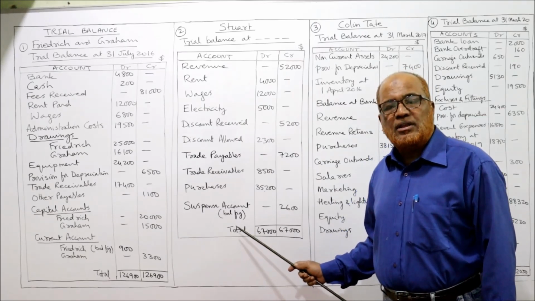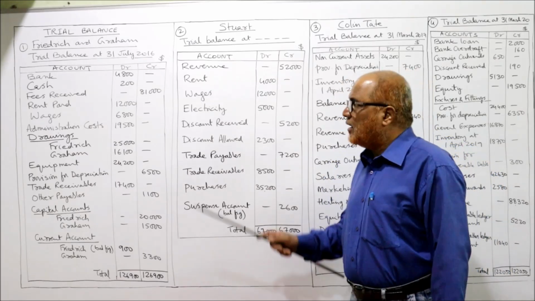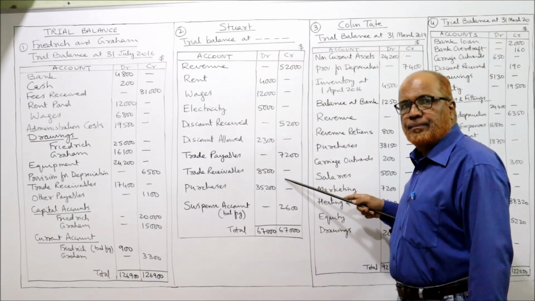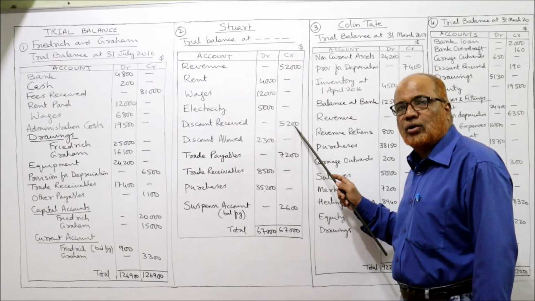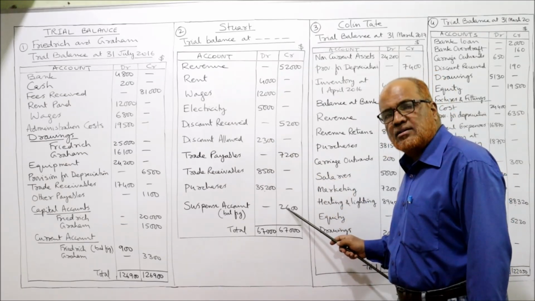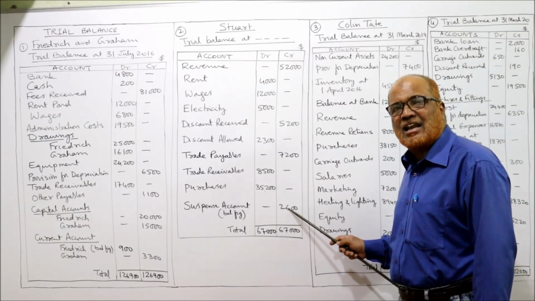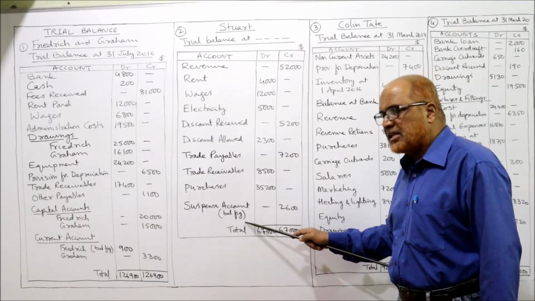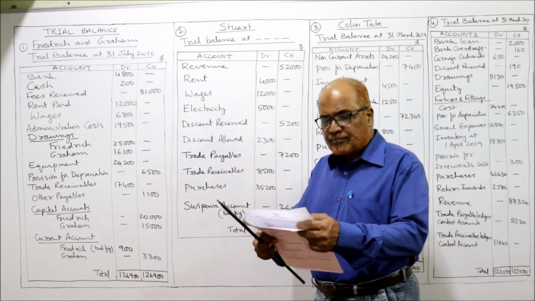Sometimes the value will be less on the debit side, sometimes on the credit side. Here the debit side is more and the credit side is less. The difference is 2,600, so we put 2,600 in the column where we have the lesser amount, the credit side. So suspense account is the balancing figure. That's it. This is the second trial balance problem.